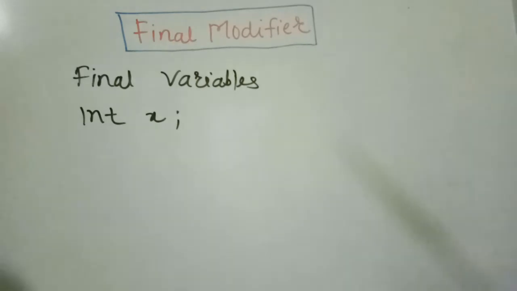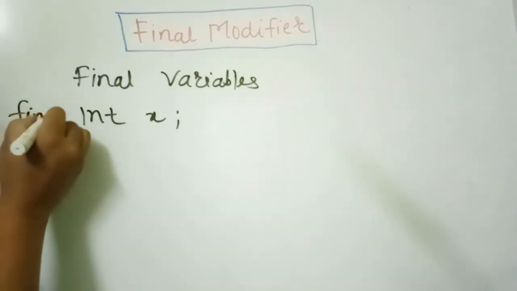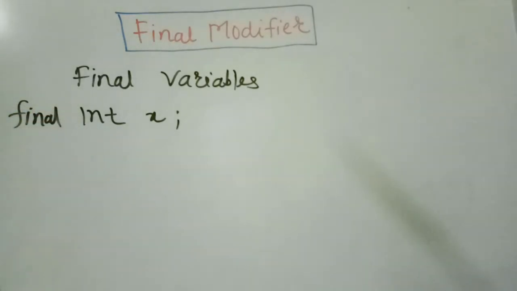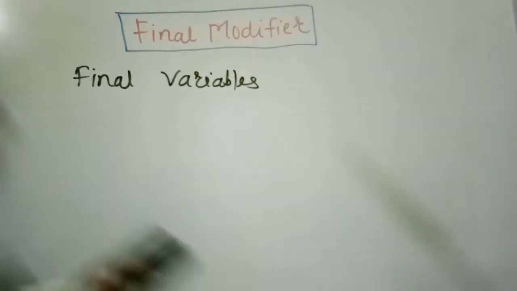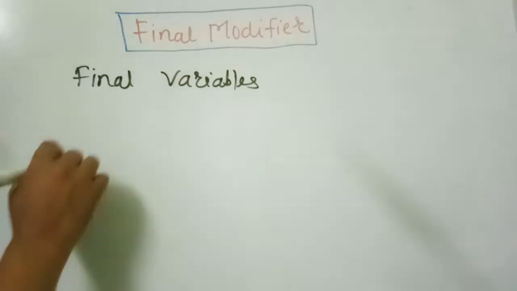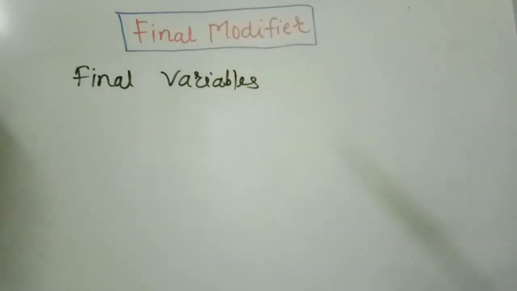Then what is a final variable? Use the keyword final before that variable. But there is one restriction while applying the final keyword with variables: local variables cannot be declared as final variables. This rule is only applicable to the global variables.